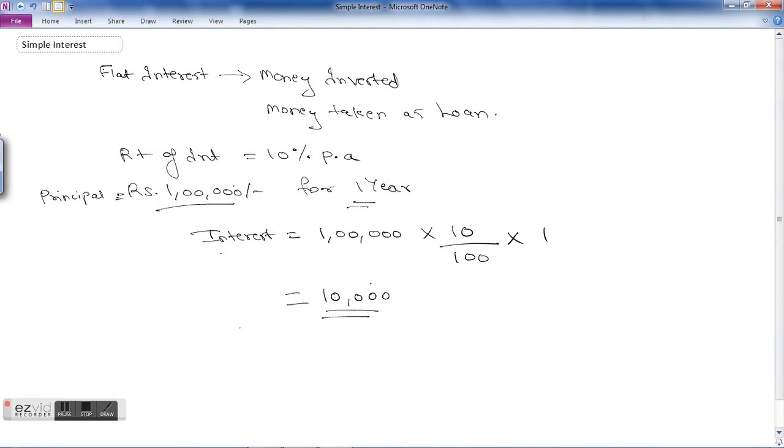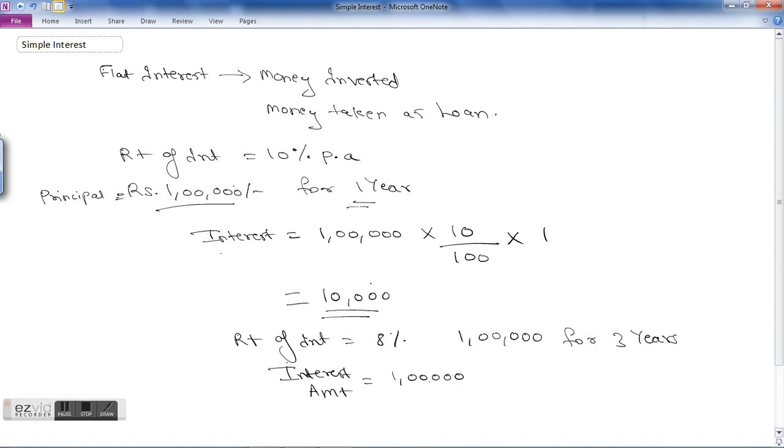Now in the same example, let's say the rate of interest is 8%, and you have invested 1 lakh for 3 years. So the interest amount will be 1 lakh into 8 divided by 100, that is 8%.